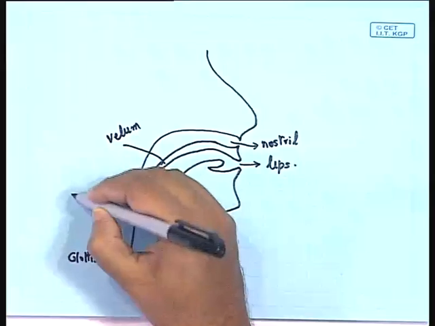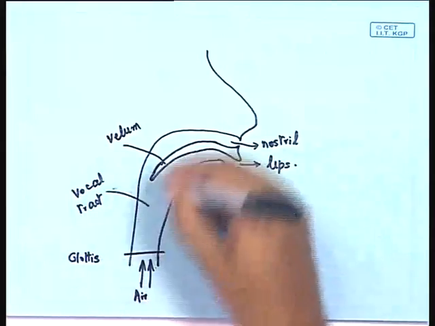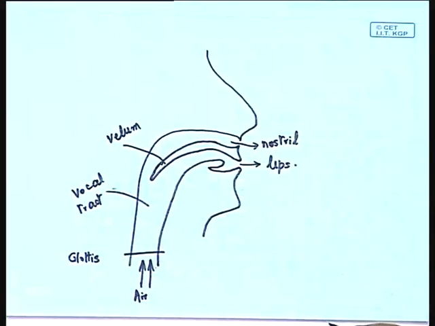Over a very short time interval, we can consider that there is a kind of periodicity that is present in the pulses that is produced through the glottis. In fact, what is happening is that there is opening and closing, so that effectively it is a pulse like excitation that is ultimately given to our vocal tract. So, this is the vocal tract, and this entire thing forms the vocal tract.